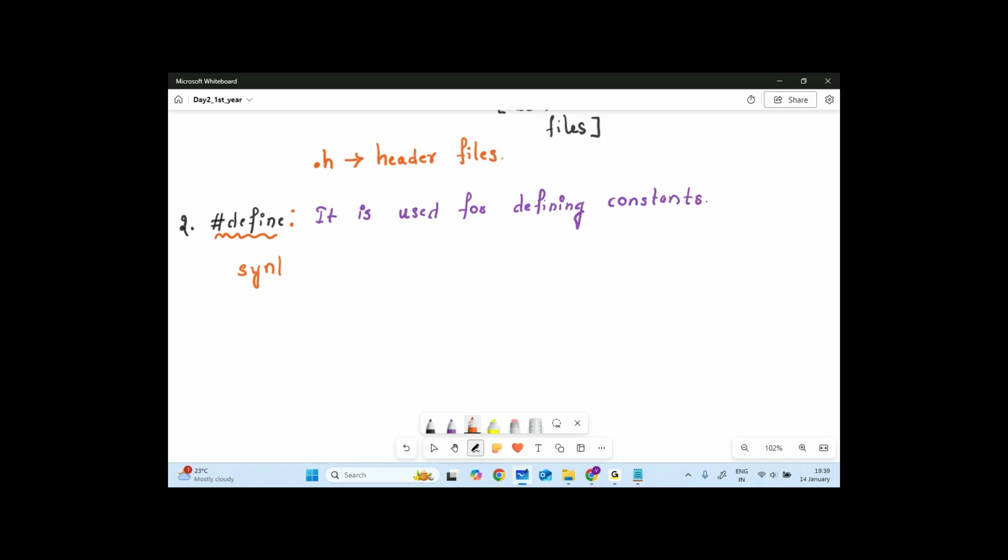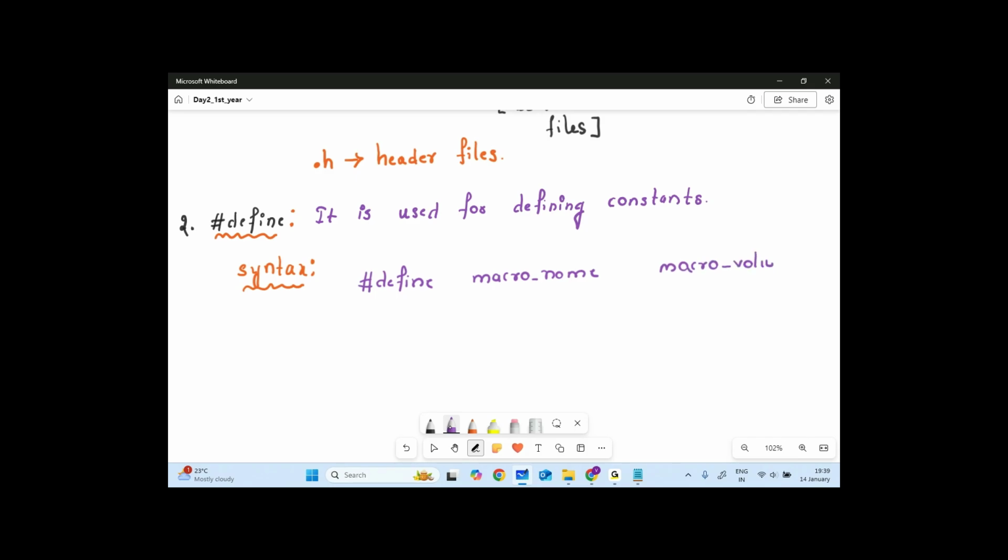The syntax for defining a constant is hash define followed by macro name followed by macro value.